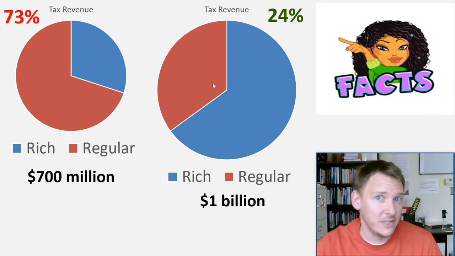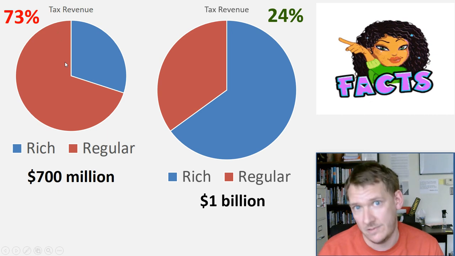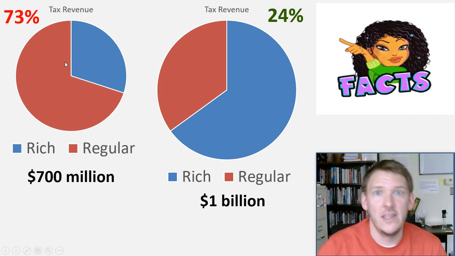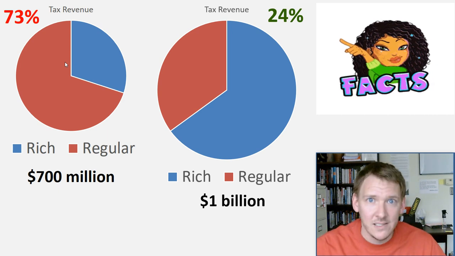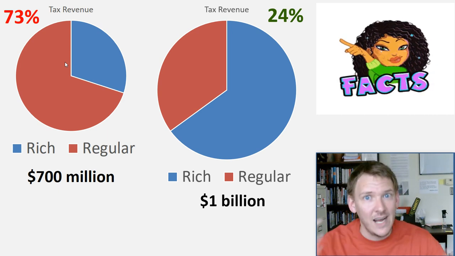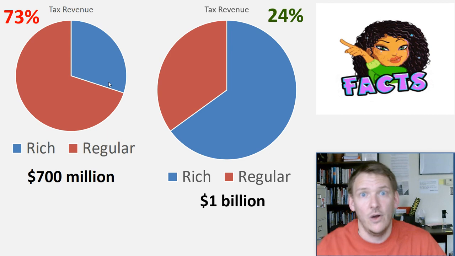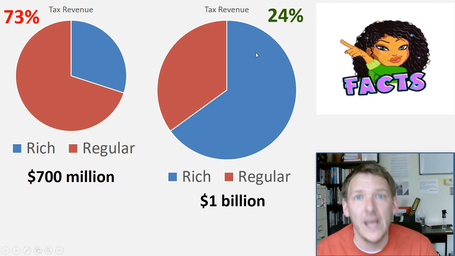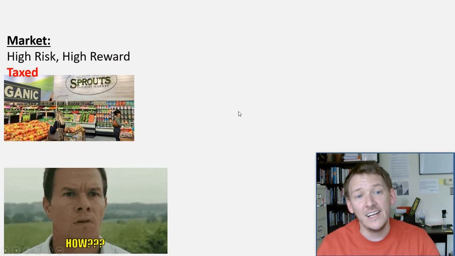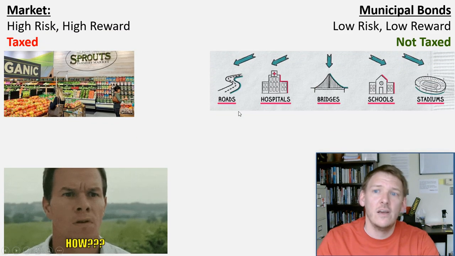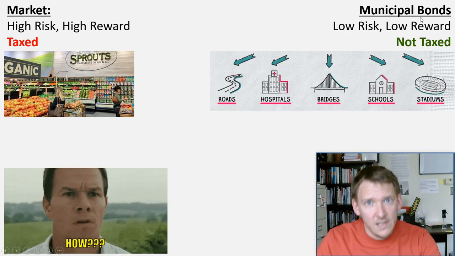You want to raise taxes on the rich tomorrow? Guess what? You're going to go to this. They're going to move their money, and then the burden for government expenses is going to fall upon us, and we ain't got that much money, so it's not going to pay for that much. You lower the taxes, and the burden will fall on the rich, and it will increase more revenue. But how? It comes down to the market versus these bonds, these tax shelters.